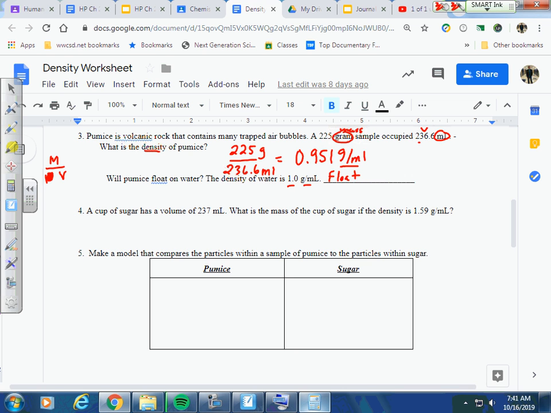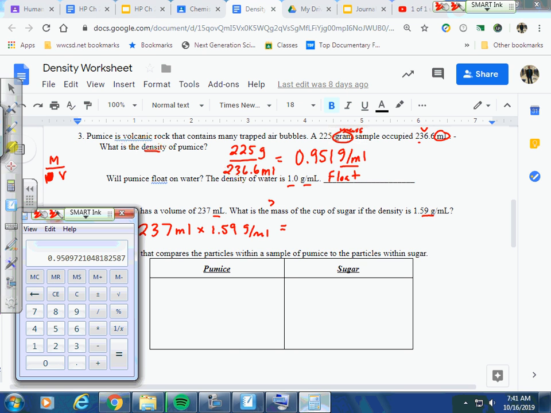All right. Number 4, a cup of sugar has a volume. Okay, there's volume. What is the mass? If the density is this. So this again, this time they want us to know what is the mass. All right, so cover up the mass. That means density times volume or volume times density, same thing. So 237 milliliters times 1.59 grams per milliliter. And let's see what that equals.